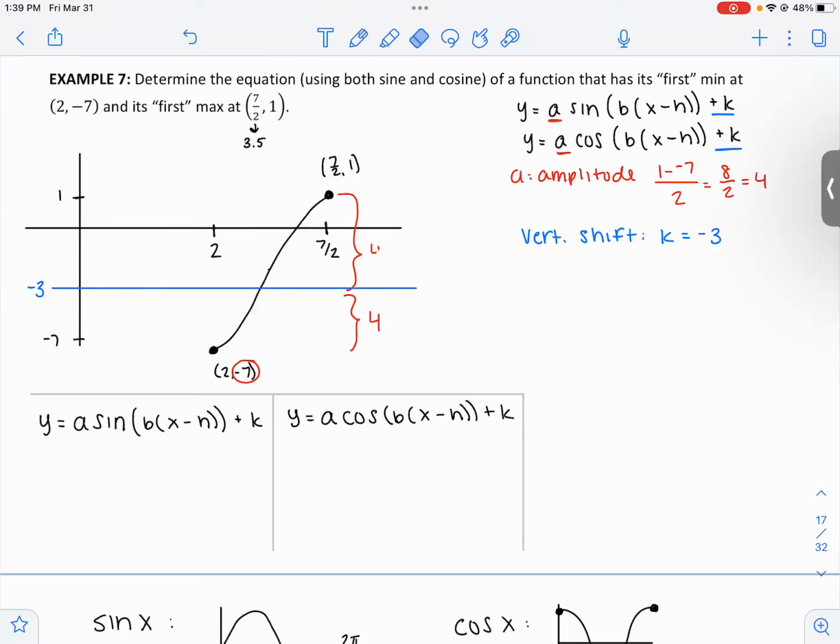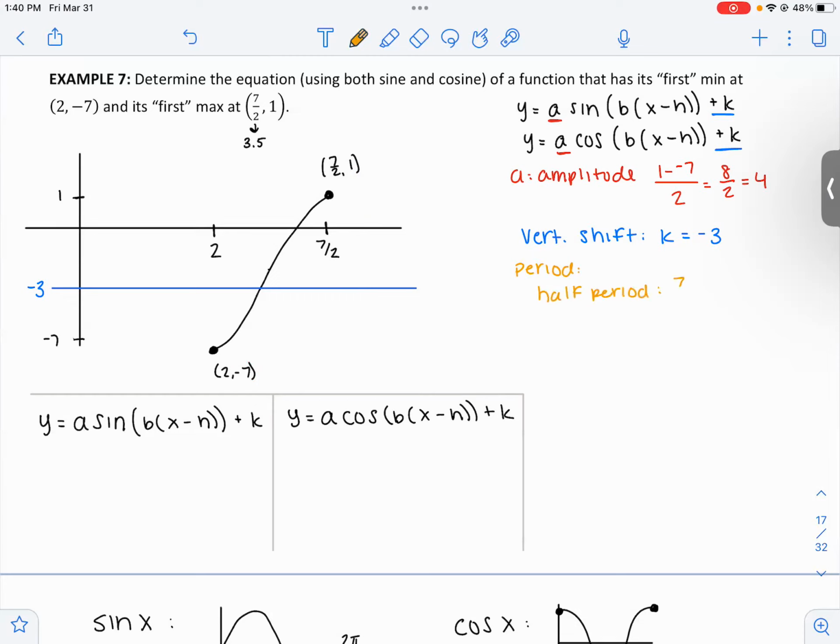Cool. So those two are pretty straightforward. Now I want to think about, okay, what about my period? Now we did talk about how that period is going to be a little funky. If I take a look at my graph, to go from a min to a max, that will take half of my period. So in this case, it's easy to see that half of my period would be the difference in those x values.